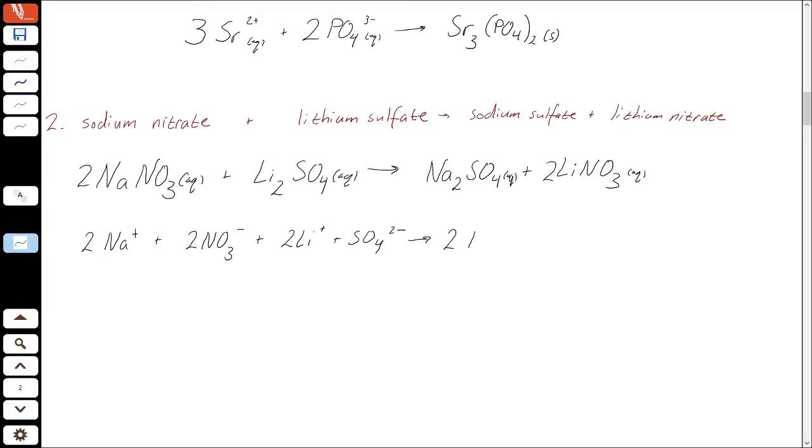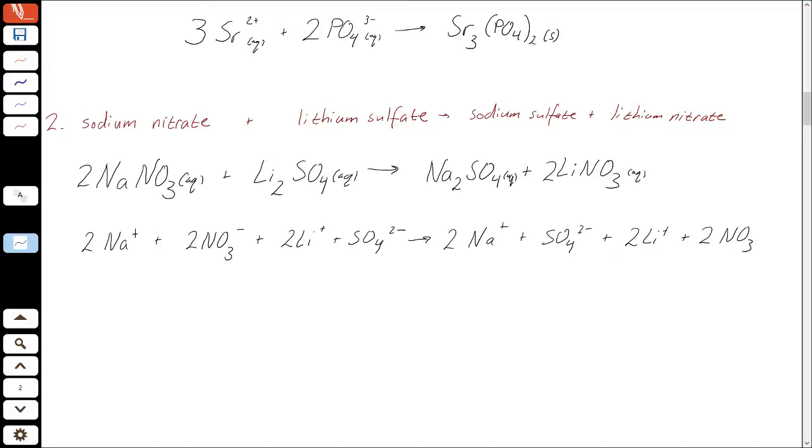So this should be 2 sodium ions, a sulfate ion, 2 lithium ions, and 2 nitrate ions. So you'll notice now that the left side and the right side are exactly the same.